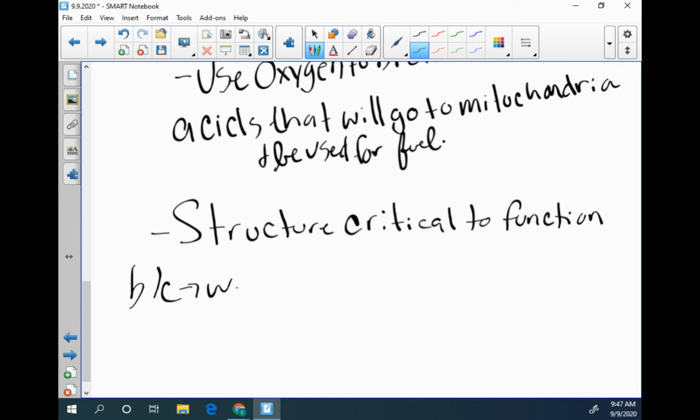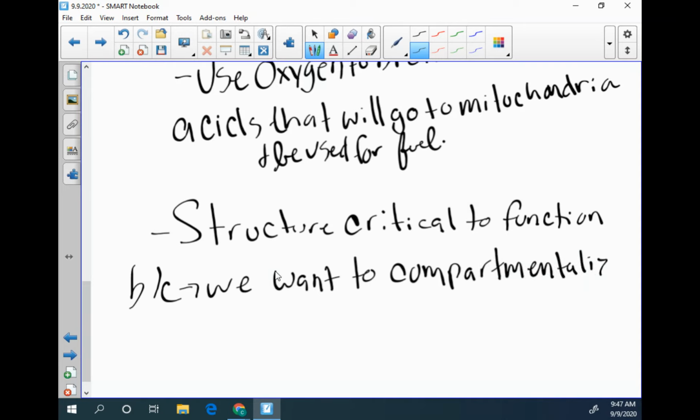Because we want to compartmentalize that H2O2. Hydrogen peroxide is very dangerous to cells. We don't want it just free floating around breaking down fatty acids because it might break down something important.